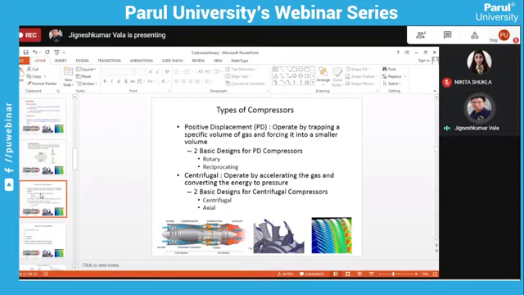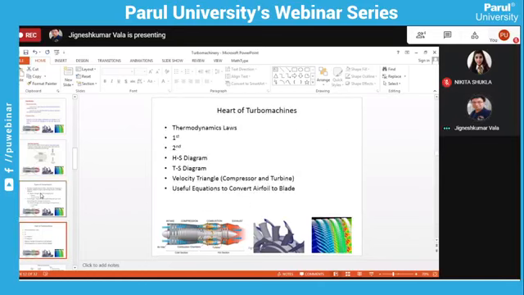The two main basic designs of the positive displacement machine are the rotary type and the reciprocating type. Another is the centrifugal compressor, which operates by accelerating the gas and converting the energy to pressure, right? The two main basic designs for the dynamic compressor are the centrifugal and the axial.